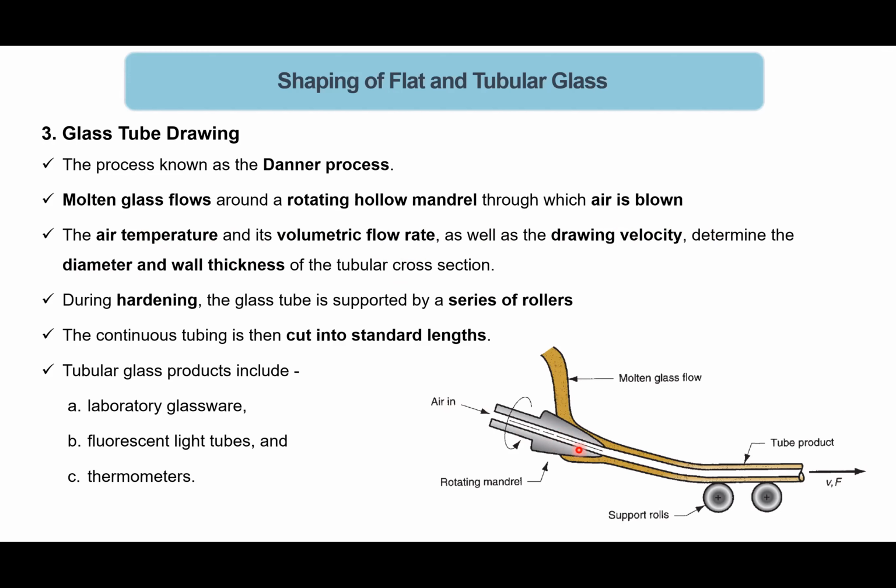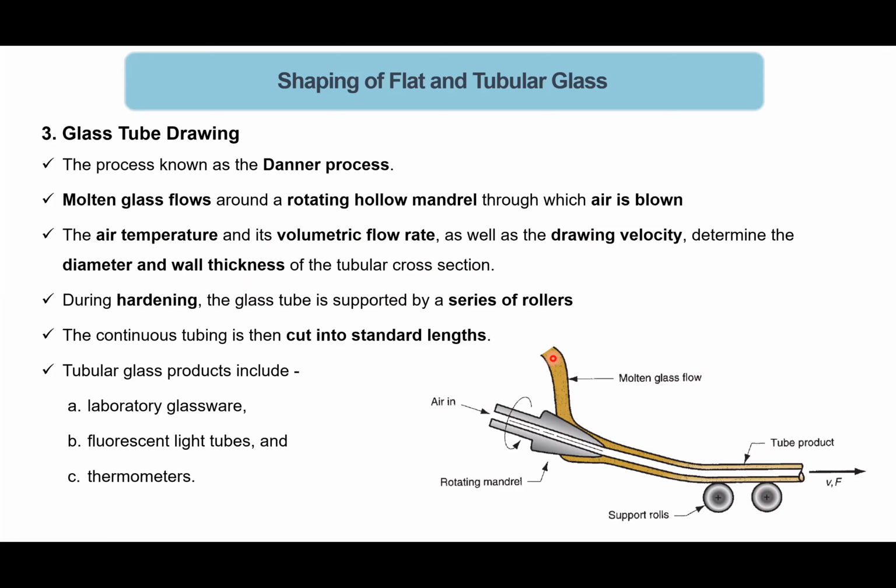এই দুটো জিনিসের উপর ডিপেন্ড করে যে ইন্টারনাল ডায়ামিটারটা কি রকম হবে, and drawing velocity, at what speed you are drawing this glass, and also the air temperature. Both these parameters determine the thickness of the glass tube. So the glass tube is continuously drawn using these support rollers, and molten glass is poured into the system continuously at the same speed.